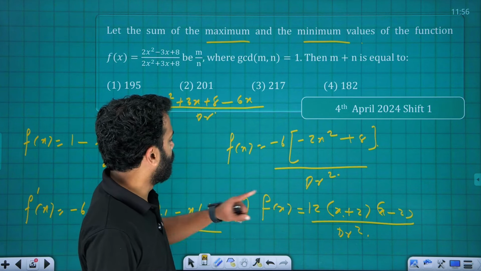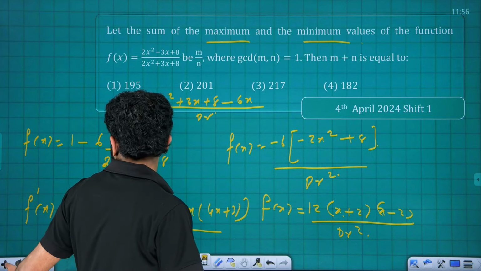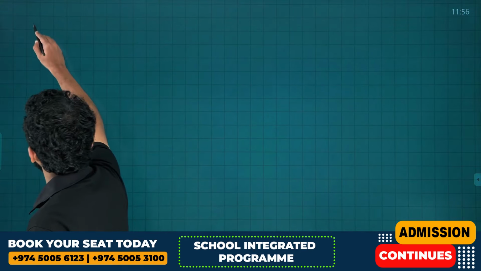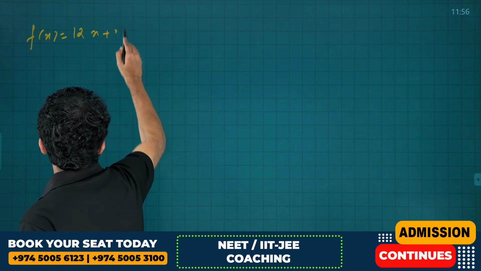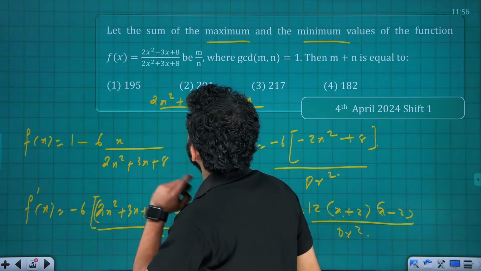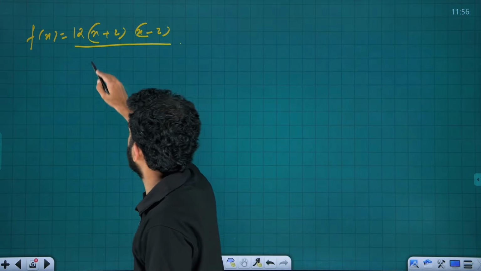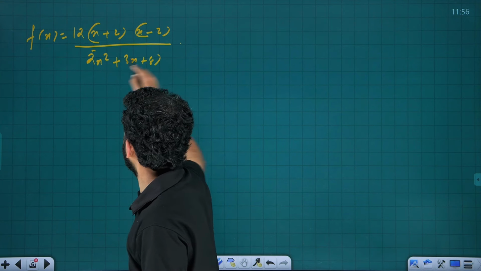So let's move to the next slide. f dash of x is equal to 12 into (x + 2)(x − 2) divided by (2x² + 3x + 8) the whole squared.